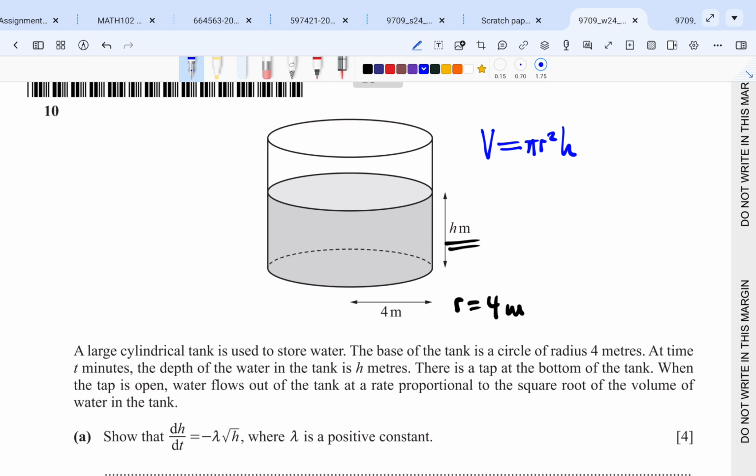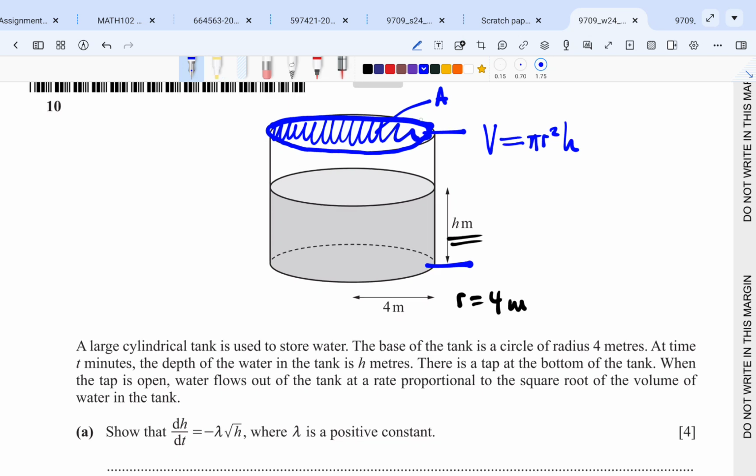When you want to find volume, you look for the cross section. Cross section means what plane shape can you see? Plane shapes are the circle, triangle, square, rectangle, those types of things. Here we can see that there is a circle. This is the cross section. We'll find the area of that cross section, then multiply by the height. That will give us the volume.